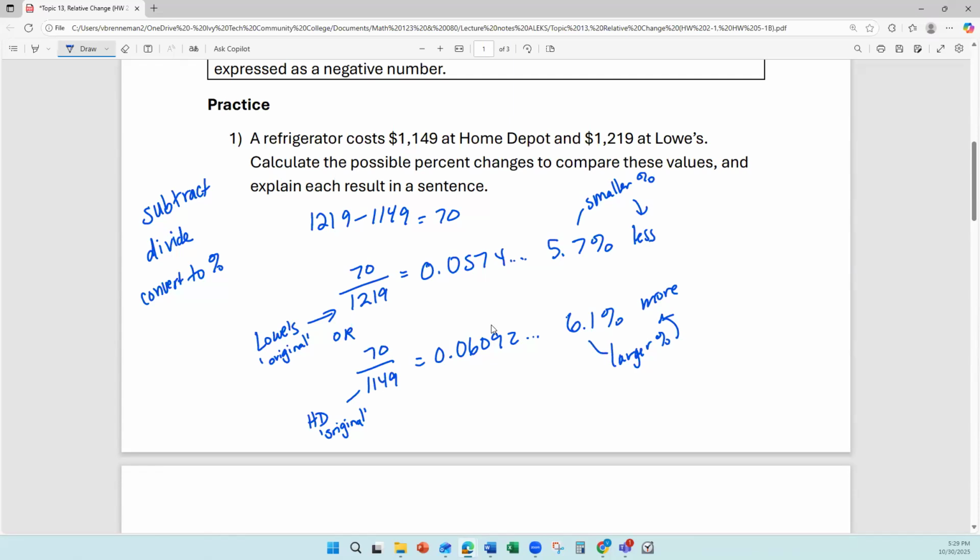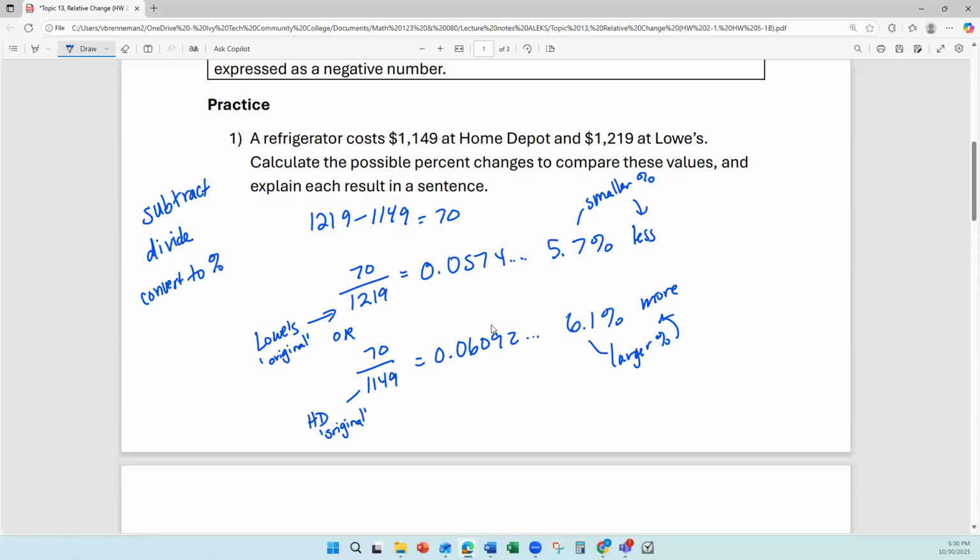The other thing you can look at is, if I'm treating the 1219 as the original, I'm saying from the Lowe's price going to the Home Depot price. So going down from the Lowe's price, it's the amount that it goes down by. In a sentence form, the original value is what we'd say 'than' with.